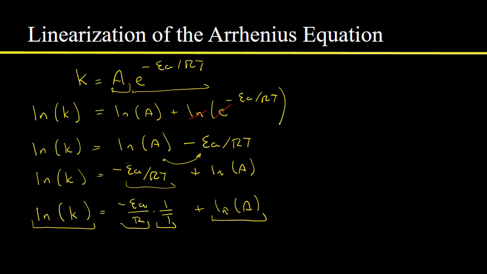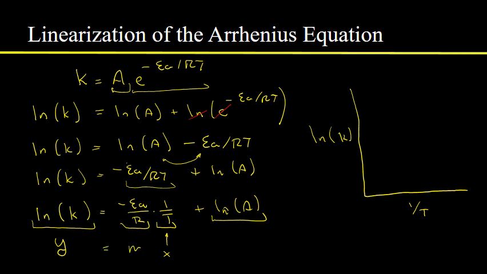But this now hopefully is getting familiar to you, right? If we plot natural log of the rate constant on the y-axis, and instead of plotting the temperature on the x-axis, plot the reciprocal of the temperature on the x-axis, then this will give us a straight line in the form y equals mx plus b. Okay.